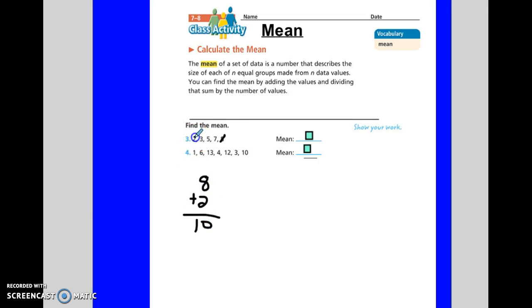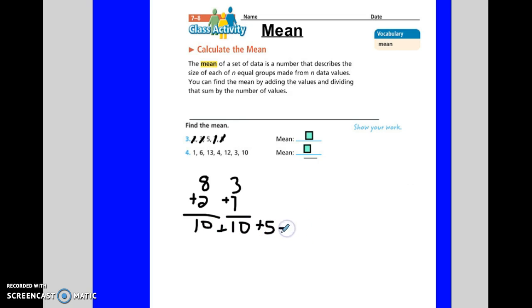All right, and then I'm going to do 3 plus 7, which also gives me 10. Cross those off, and then I'm going to add on my 5. So plus 5, I'm going to add all that up. So when I add all of those numbers together, I end up with 25.